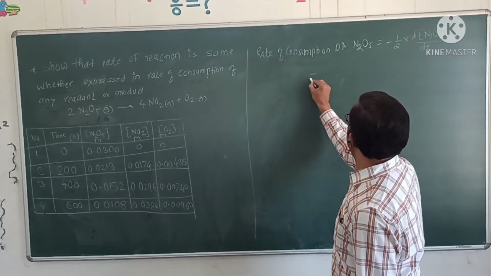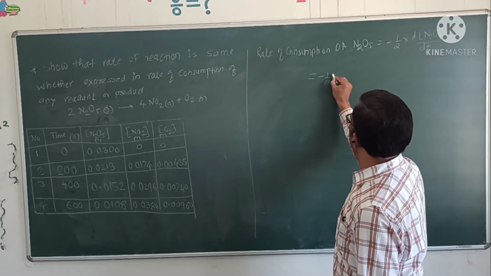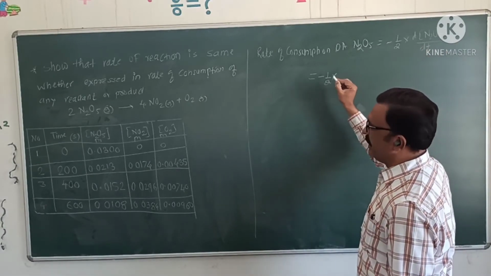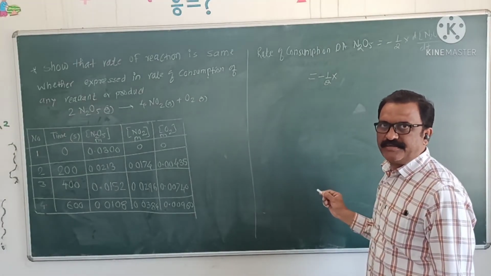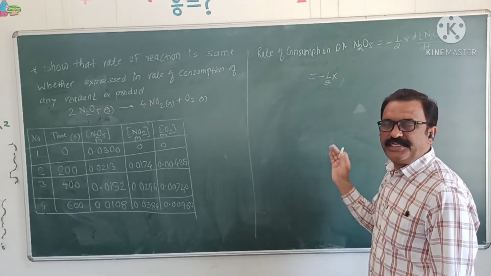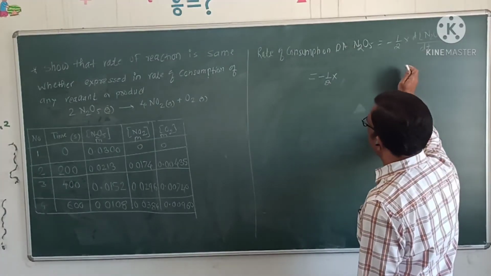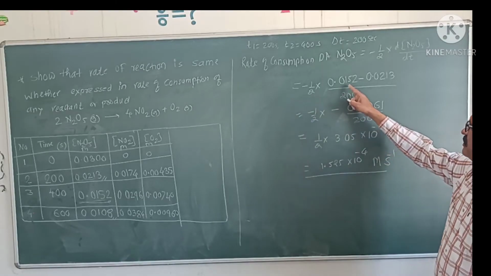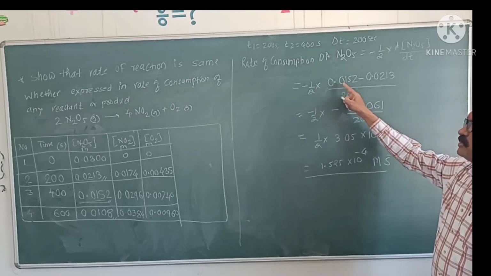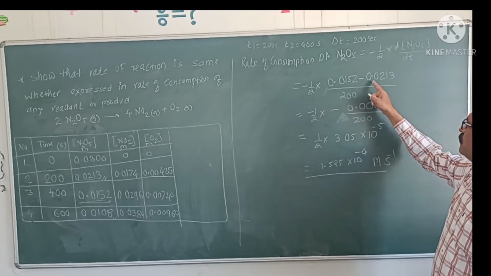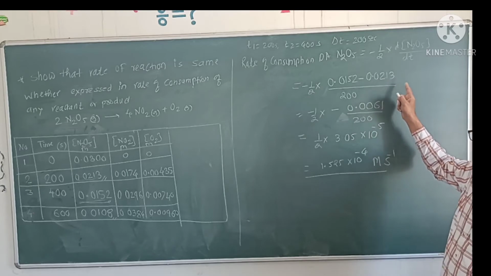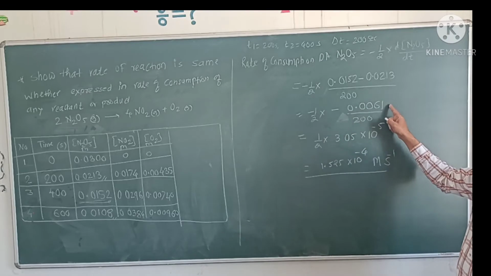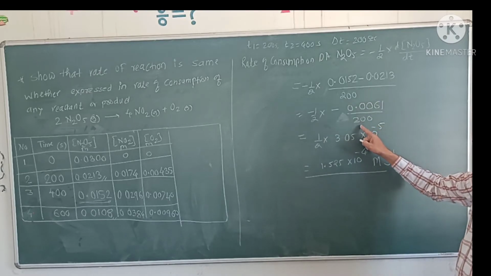Which is equal to minus 1 into del N2O5, that is the change in concentration of N2O5, minus 1 into the change in concentration, 0.0152 minus 0.0213. After subtraction, this value becomes minus 0.064 divided by the change in time, 1.